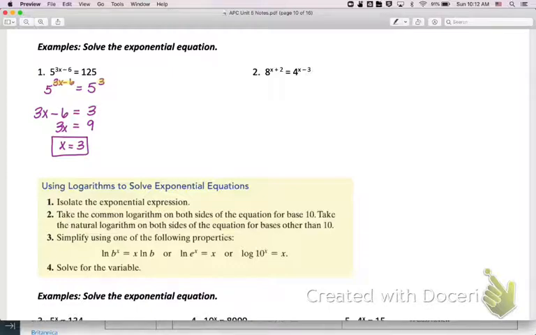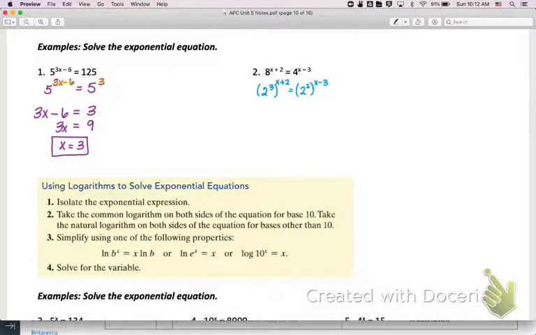I'm going to write out this middle step so you see where what we get comes from. So we're going to do 2 to the third, and we're going to raise that to the x plus 2 power. And on this side, we have 2 squared, and we're going to raise that to the x minus 3 power.